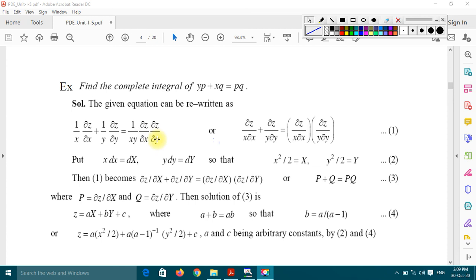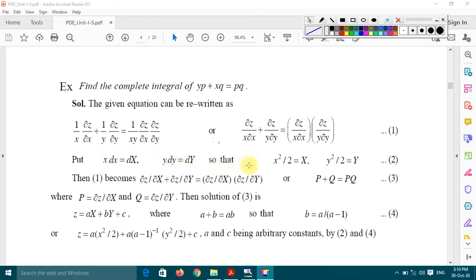Now (∂z/x∂x) and (∂z/y∂y) is equal to ∂z/(x∂x) into ∂z/(y∂y). We substitute the values x dx is equal to dX and y dy is equal to dY.